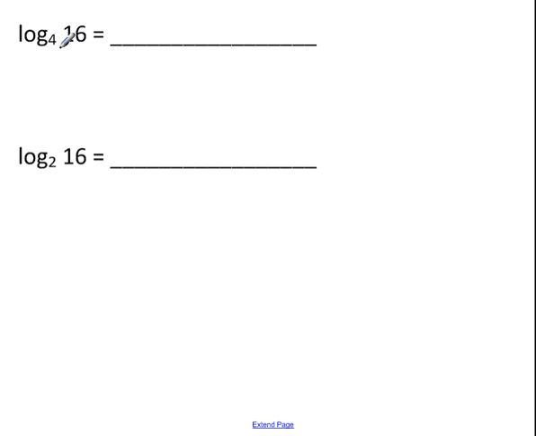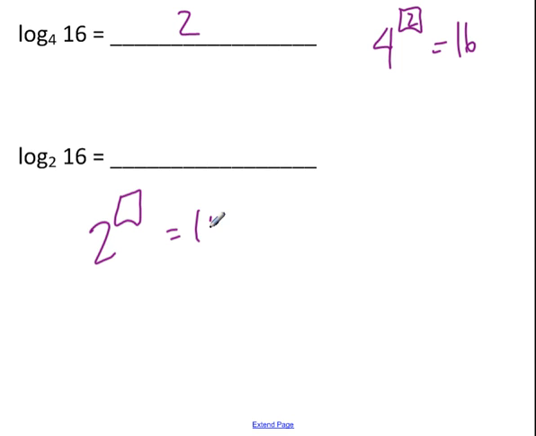That means log base 4 of 16, meaning we're asking 4 to what power is going to equal that 16? Well, that's 2, because 4 squared makes the 16. Log base 2 means we're saying 2 to what power equals the 16? Well, that's a 4, because 2 times 2 times 2 times 2 makes that 16. And that's how that's going to work for us there.